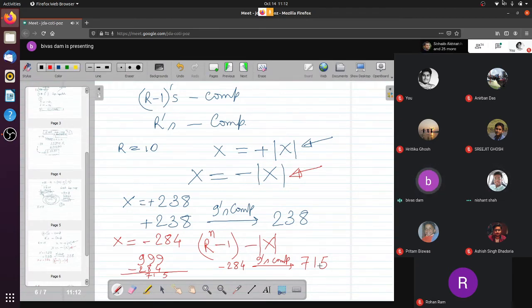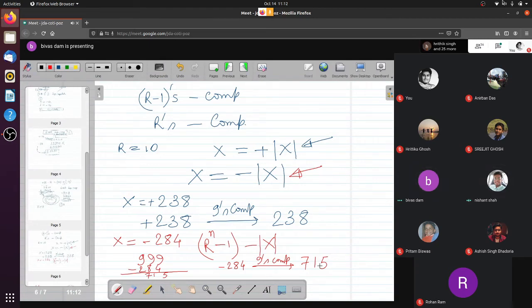And what is the transformation required? Now I have to subtract each digit from 9, or subtract the magnitude of the number from R to the power n minus 1. Whichever way you want to memorize, you can memorize. But it will be definitely simpler if you consider it as if each digit you are subtracting from 9. That's it.